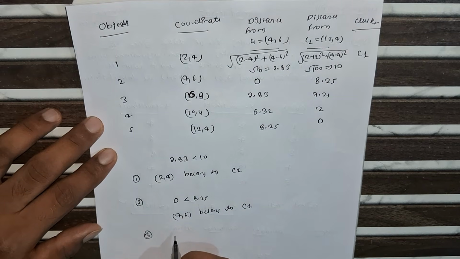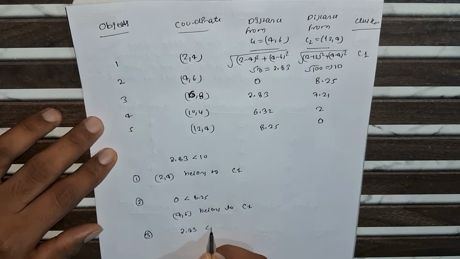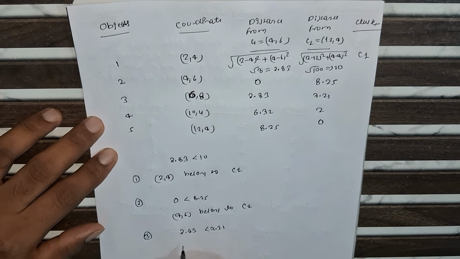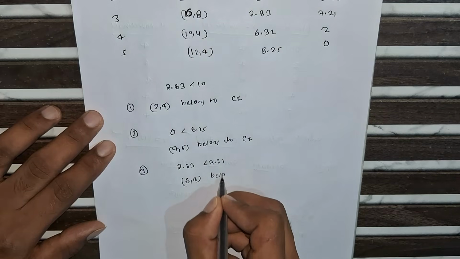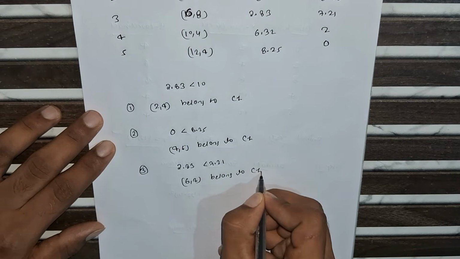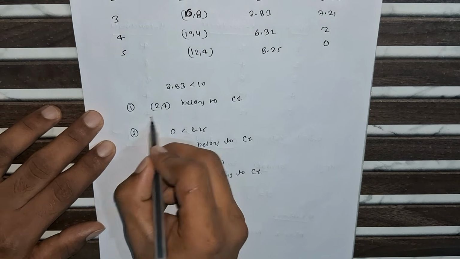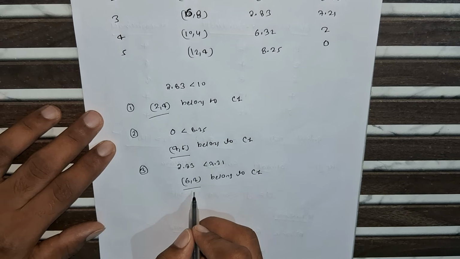Like that, for the third object, our distance is 2.83, which is less than 7.21. So 6 comma 8 belongs to C1. This is nothing but the coordinate of x and y.